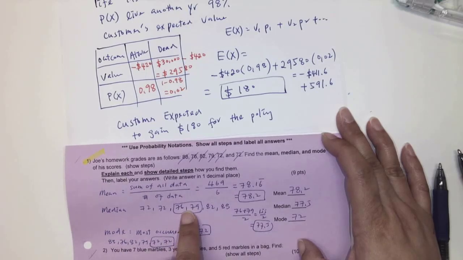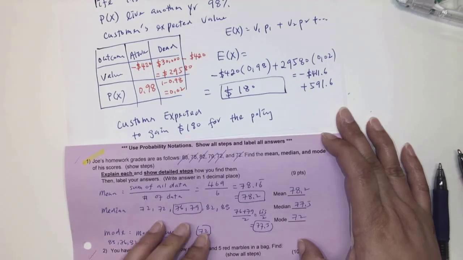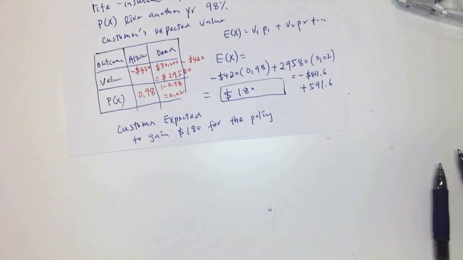If there isn't a single middle number, you add the two middle ones together and divide by 2, which is the average, right? What is mode? The most occurring one. If nothing is repeating, then you have no mode. If more than one number repeats the most, you can have multiple modes.